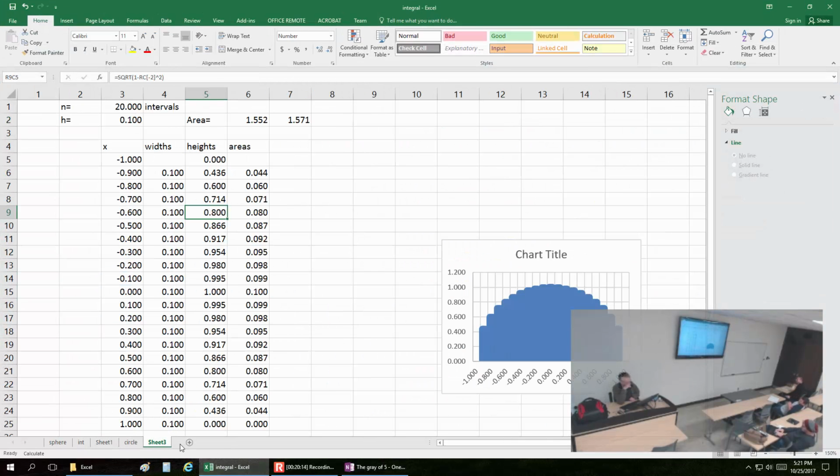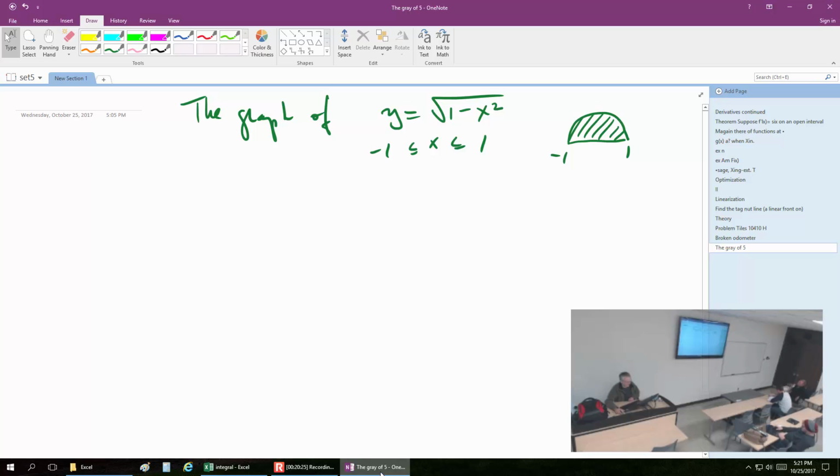As you can see, the approximation works pretty well, and now the next step is limits, from approximations to full accuracy of calculus.